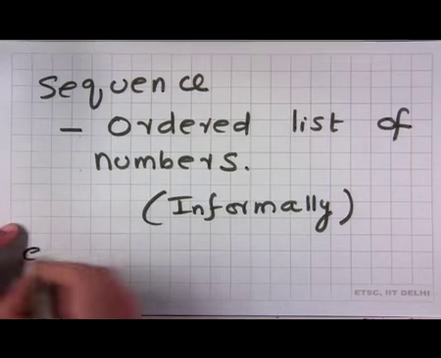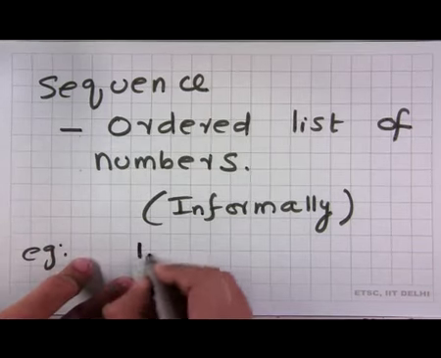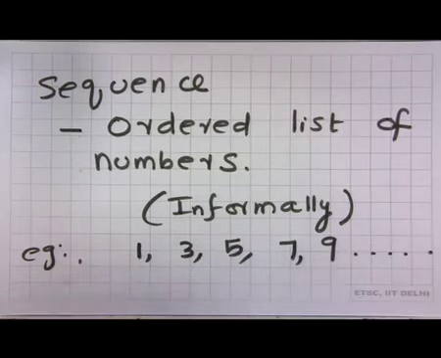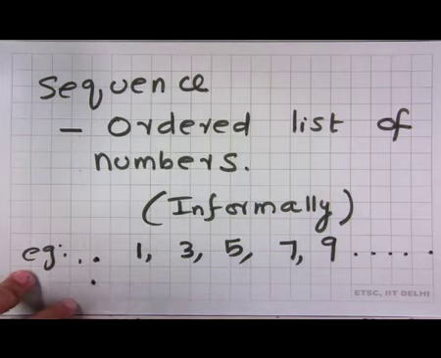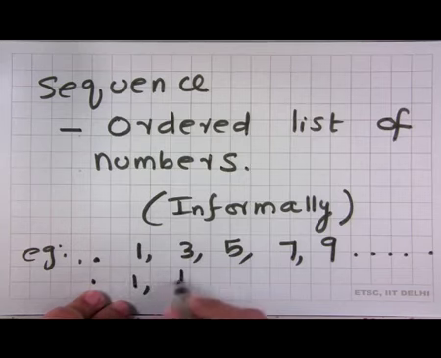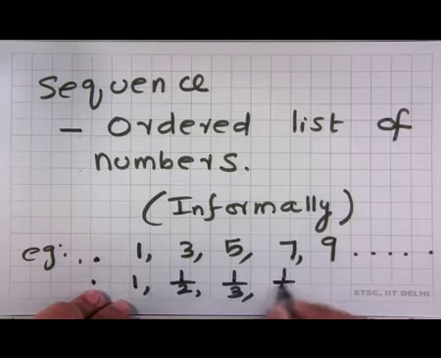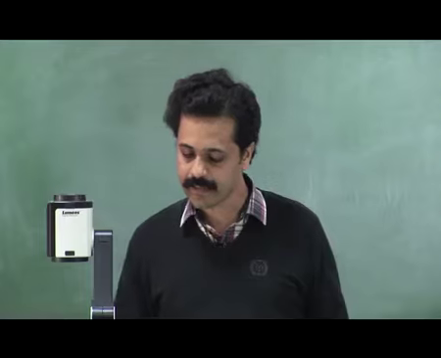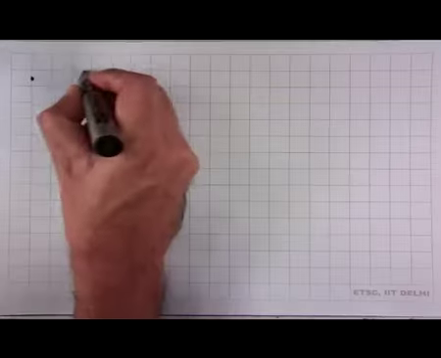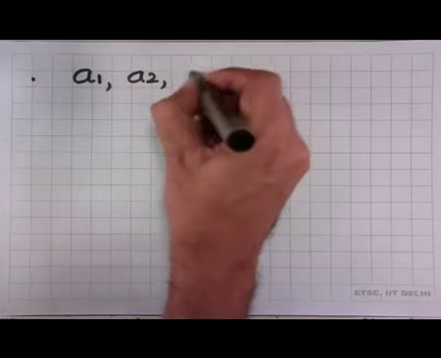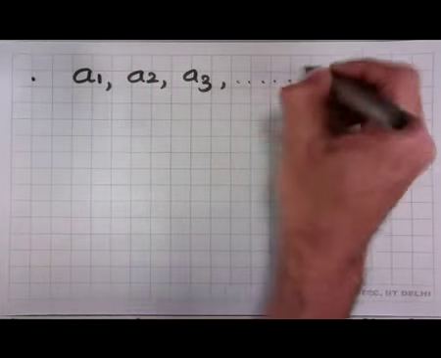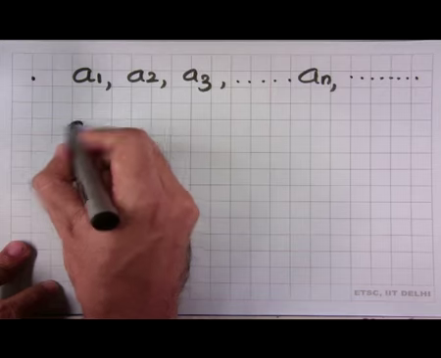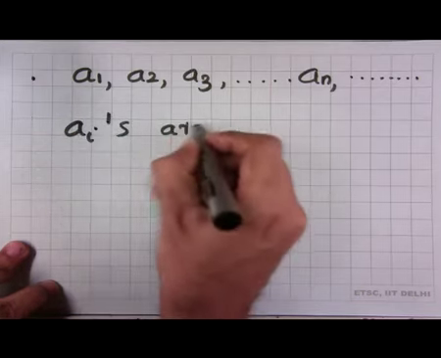For instance, let us have 1, 3, 5, 7, 9, etc. Let us have 1, 1 by 2, 1 by 3, 1 by 4, 1 by 5, etc. Slightly more generally, let us have the list A1, A2, A3, etc., AN, etc., where AIs are numbers.